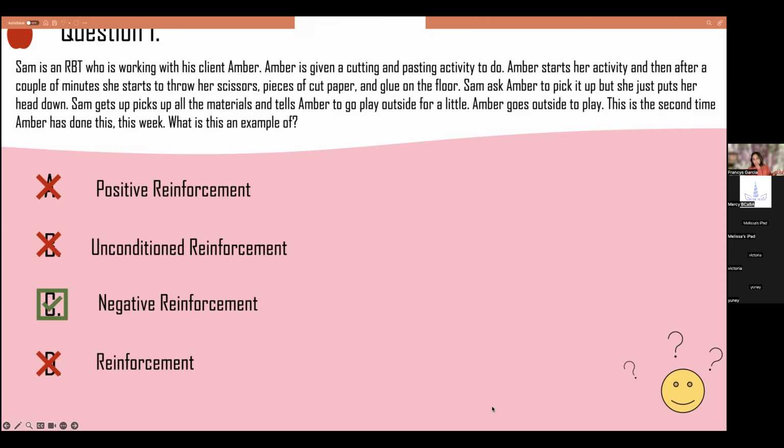The correct action here could have been to prompt Amber to pick up her stuff, redirect her back to the task, and then tell her that if she wants a break, to ask for a break. That would have been a better way to react, but it still is a form of negative reinforcement because he let her escape. He let her do her thing anyway, and she didn't have to make any compromise for it.